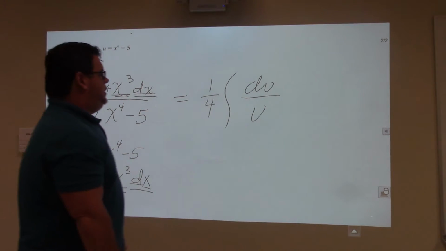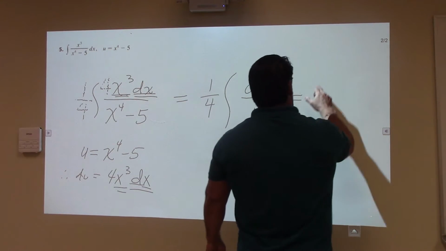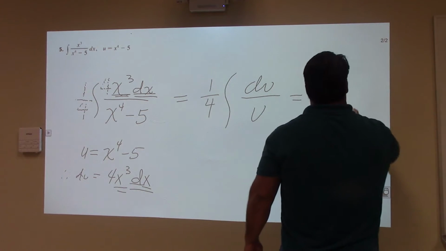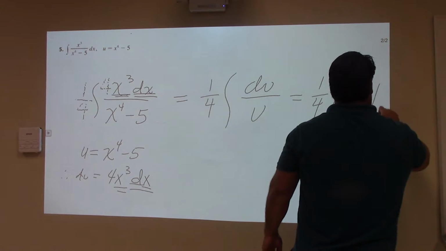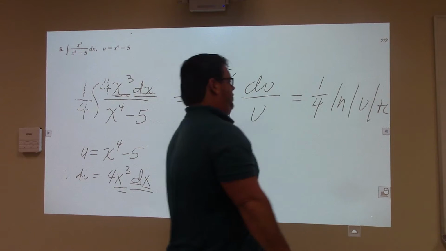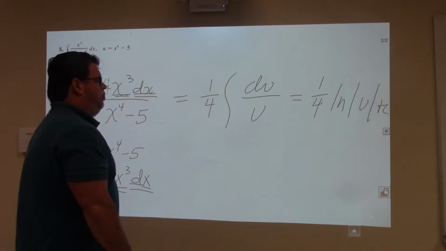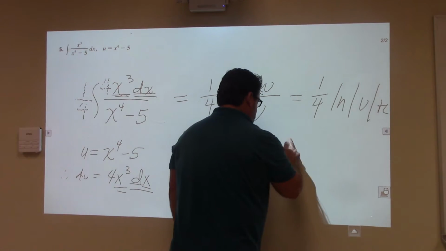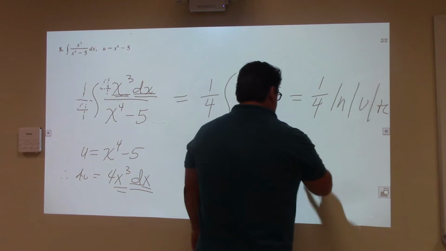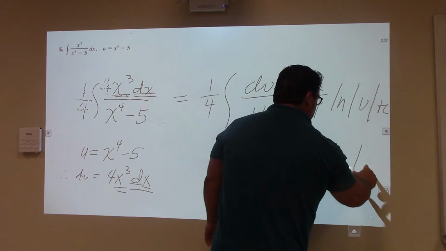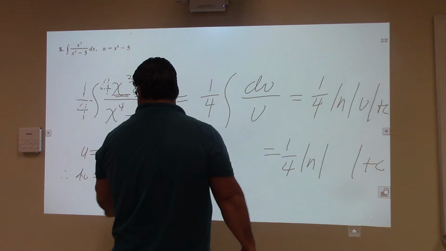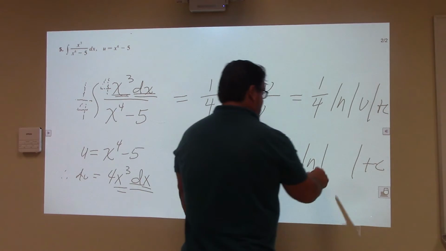And that's going to be 1/4 the natural log of u plus c, which is equal to 1/4 the natural log of x to the 4th minus 5.